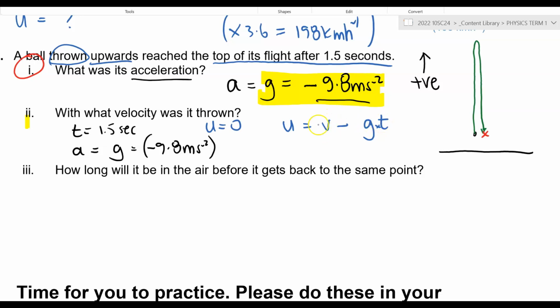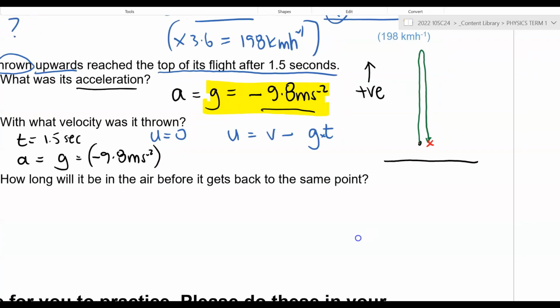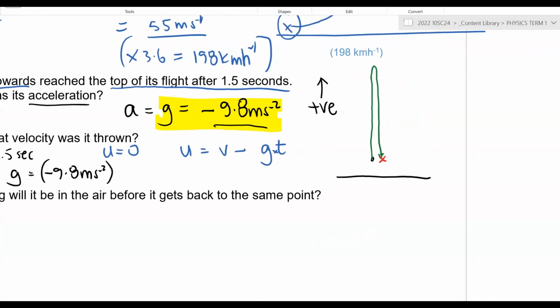What we don't know is the final velocity, but we do. If we look carefully at our diagram, if it leaves the person's hand here, it goes up, and when it reaches the top of its flight, for that brief moment, its final velocity is 0. That's at the top of the object's flight.